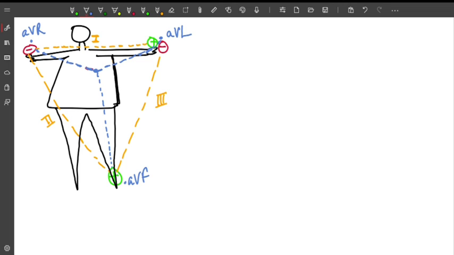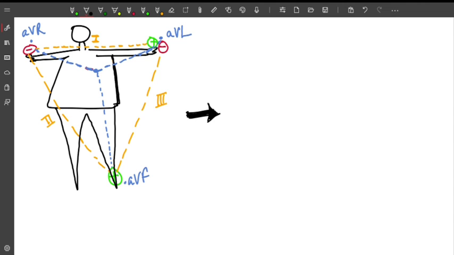Then the chest leads I have already shown you in the previous lectures, which is not required right now. With the help of these, we will now convert them into cardiac axis, which we see in our books.